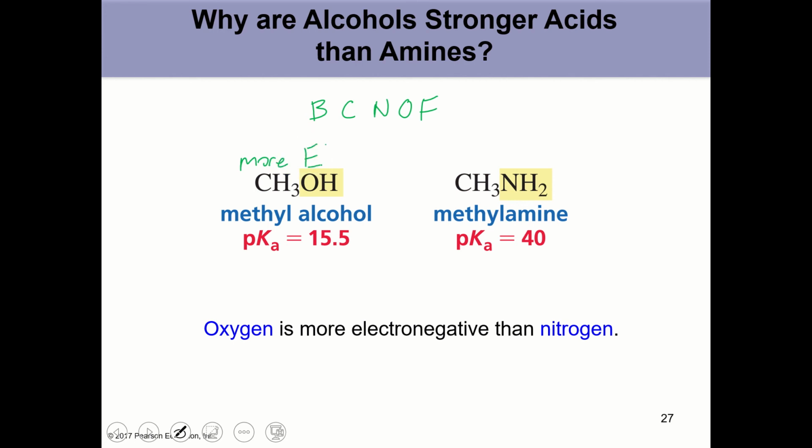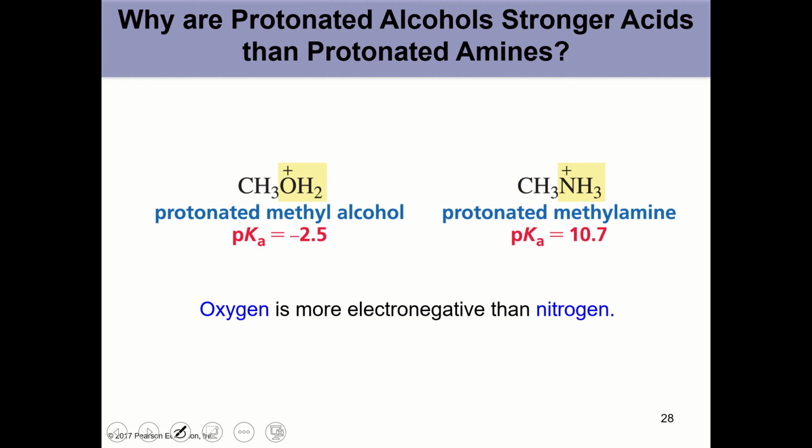And you know I like the abbreviation EN for electronegativity. Why are protonated alcohols stronger acids than protonated amines? For the same reason. But notice we're only comparing molecules of a similar structure.